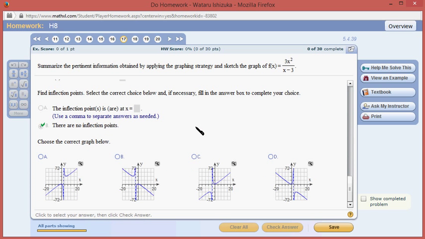Alright, then we want to look for the correct graph. x equals 3 is not defined, so C is not going to be it, and for the vertical asymptote, D looks promising, and B is not going to be it, so it's going to be between A and D. So let's look at the concavity.